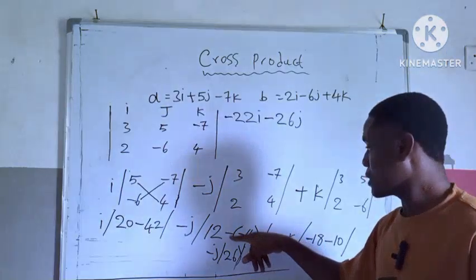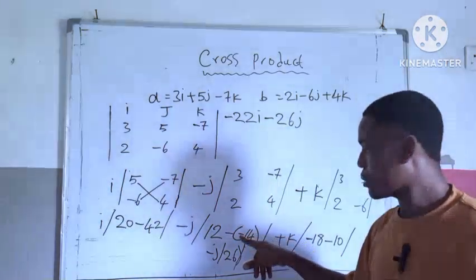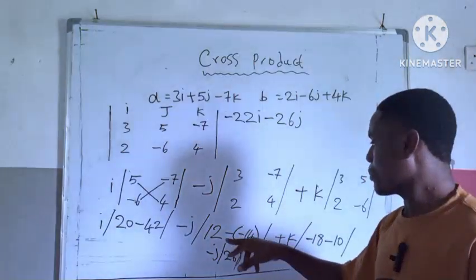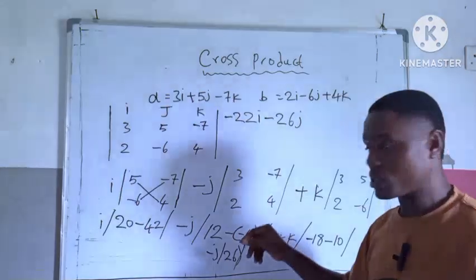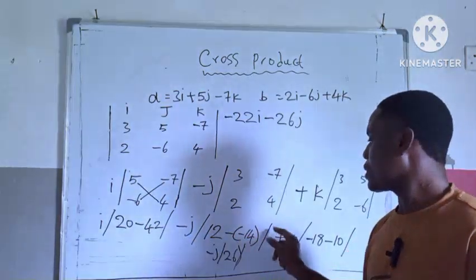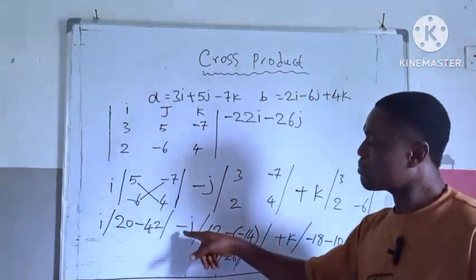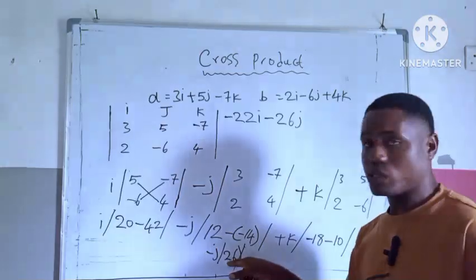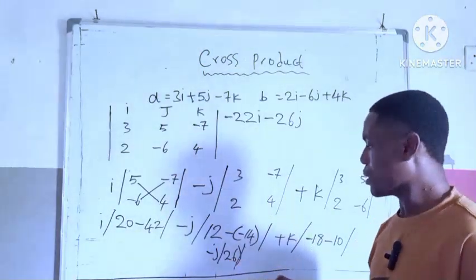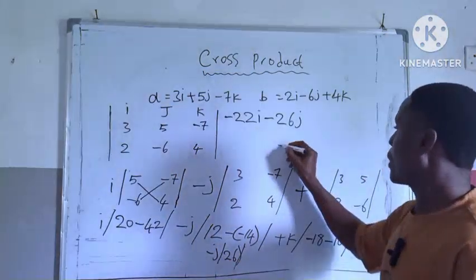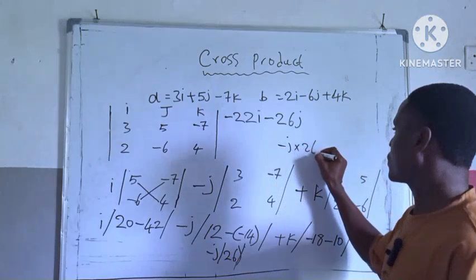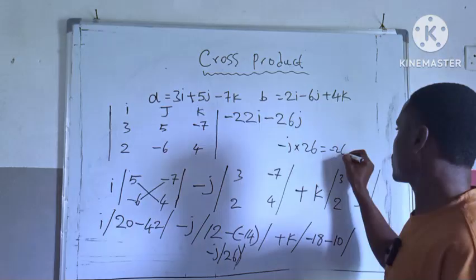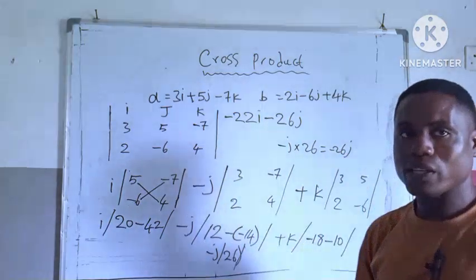Once you open this bracket, minus times minus is plus. Then it will now be 12 plus 14, which is 26. And you open the big bracket, this minus j will now multiply the 26. Are you getting it? So it's just in the form of minus j times 26. So it's minus 26j.